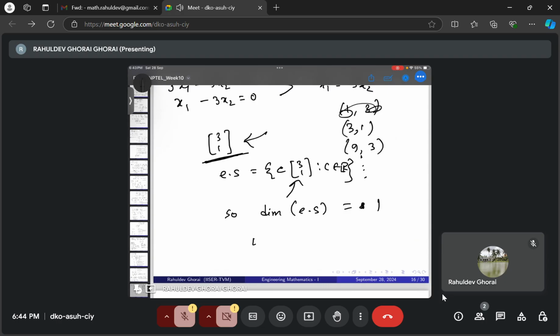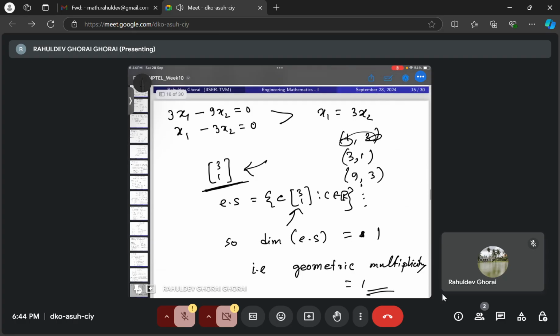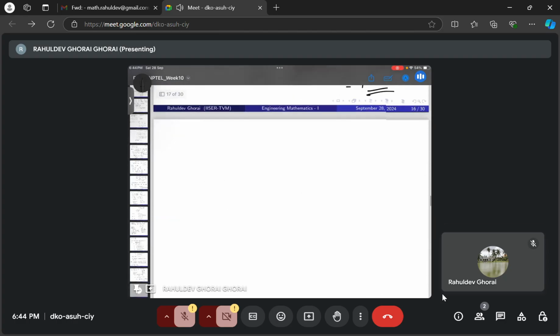That implies the geometric multiplicity is equal to 1. Right, so we found out the geometric multiplicity of 1 and the algebraic multiplicity of 2 corresponding to this eigenvalue.